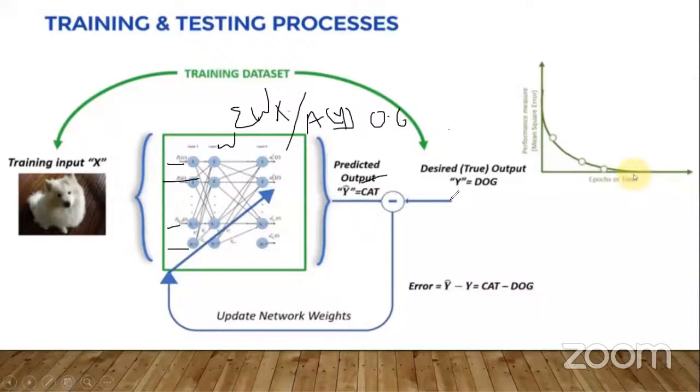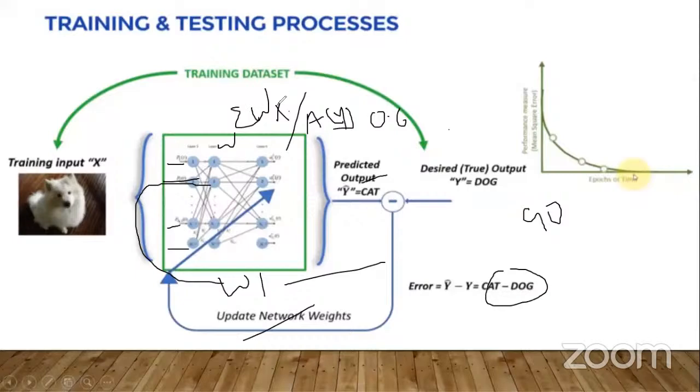If it says cat and actually it is a dog, that means there is a huge difference. So our gradient descent, the optimizer, starts working now, and we go back and update the weights. Then again we start from the first step: multiply inputs and weights, add the activation function, then predict again.